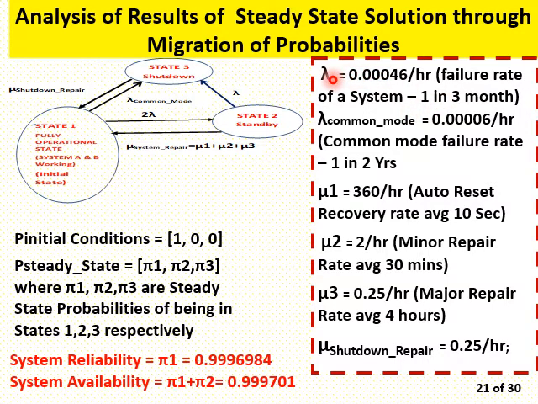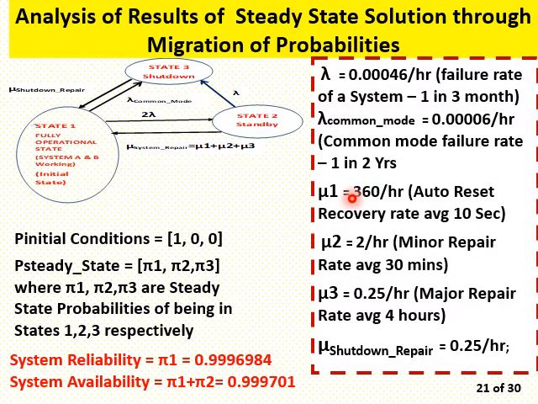System failure lambda is 0.0046, common mode failure 406. Whereas the recovery rates, mu1, mu2, mu3, and mu shutdown repair, are very high.